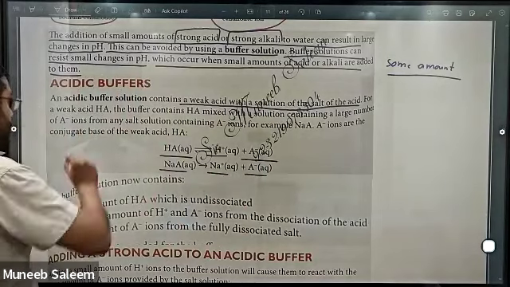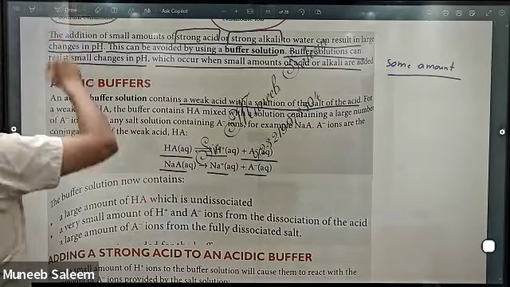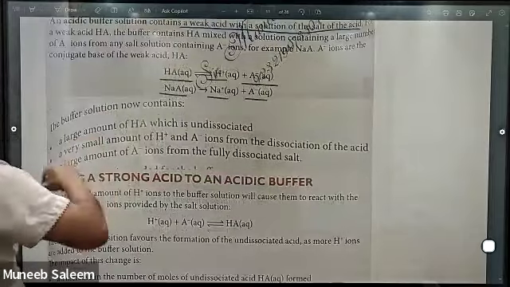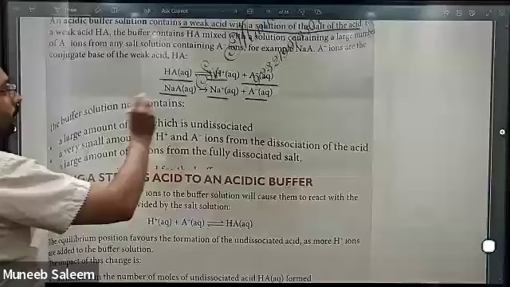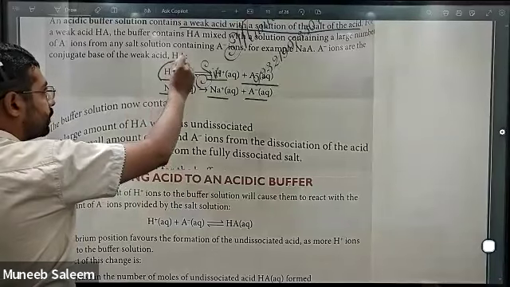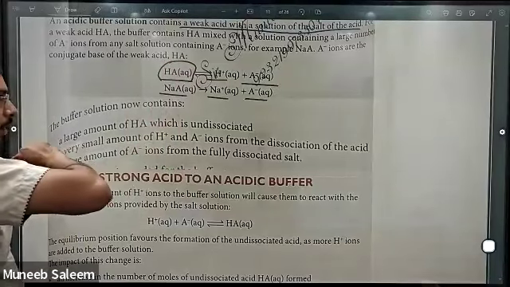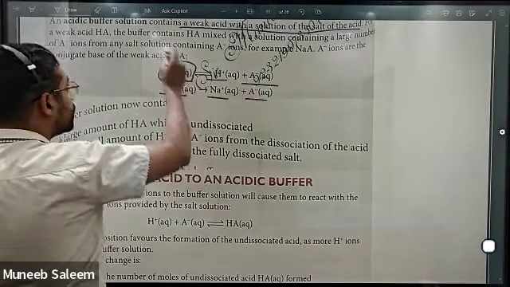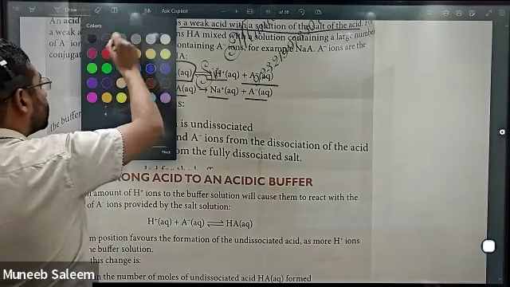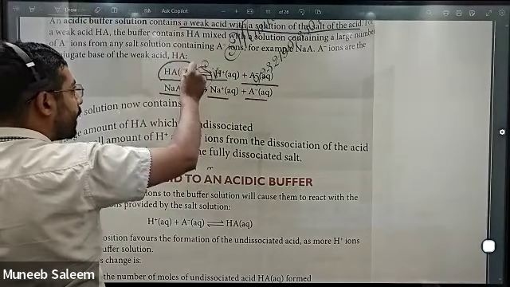Now this buffer solution contains a large amount of the HA which is undissociated. You know that this is a weak acid. That means it will not be completely dissociated into the ions. That's why we see the equilibrium arrow over here.